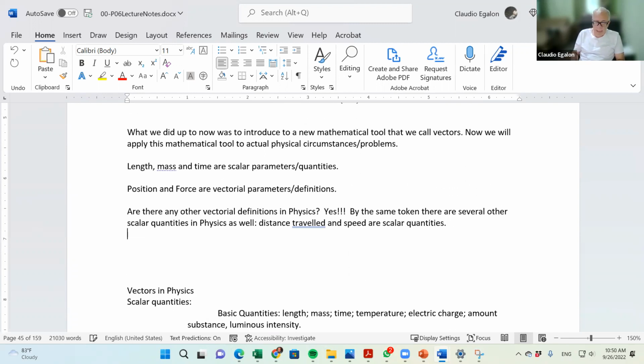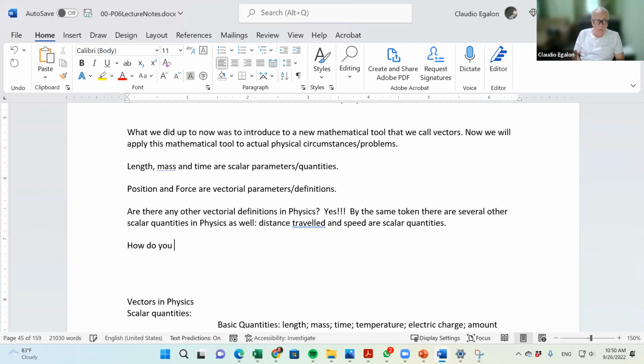How do you find out which parameters are vectorial and which are scalars? Okay, how do you find that out? You find that out from their definition.